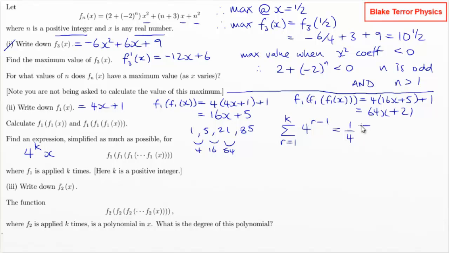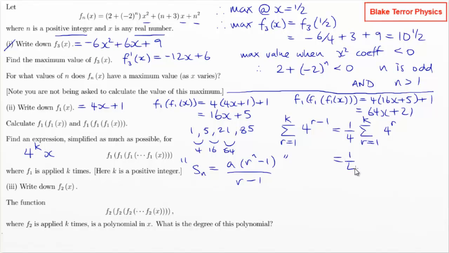So we take a quarter out, the 4 to the minus 1, and then go r equals 1 to k of 4 to the power of r. So we can now stick this into our sum to n is a, r to the n minus 1 over r minus 1, in inverted commas, because of course all these r's and n's are not the r's and n's currently being used in these equations. So I don't want to get muddled up on those.